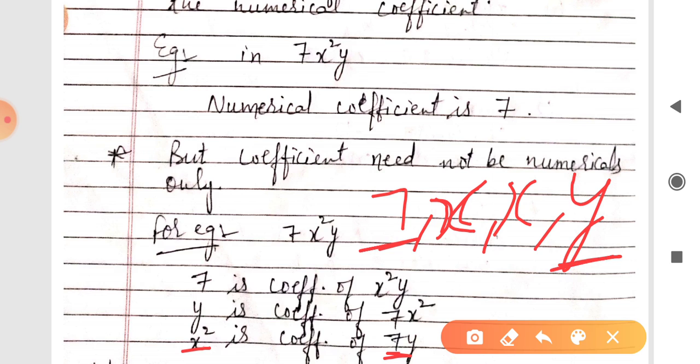We have used 7 and y because we are writing the coefficient of 7y. Then the other factors of 7x square y are x and x. So x square is the coefficient of 7y.